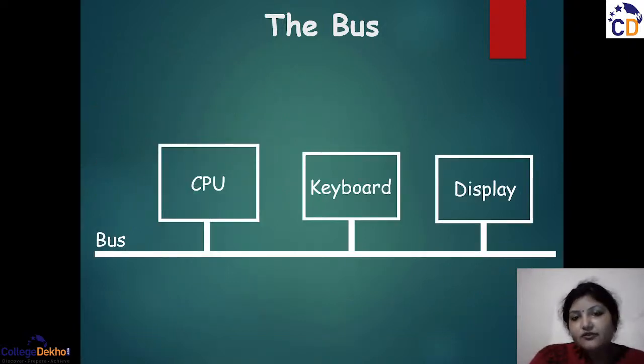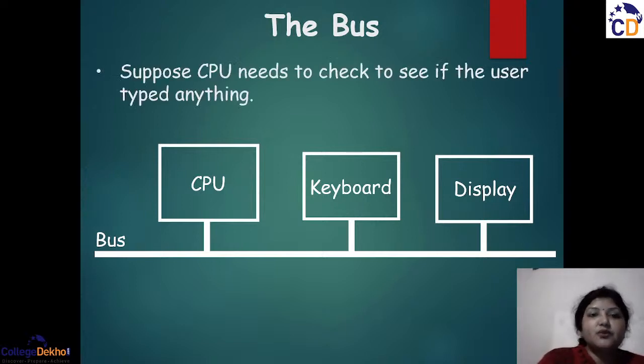So let us understand from the diagram also. You have a bus and that connects the different input and output devices, your CPU, your keyboard, your monitor, right? Suppose the CPU needs to check to see if the user typed anything. Now we are performing any function, we are giving input to the computer.